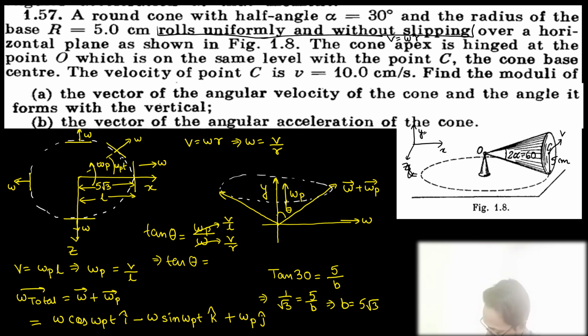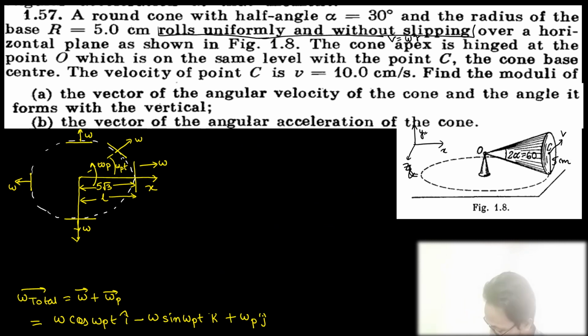So v by l divided by v by r, or tan theta, would be how much? The v and v would get cancelled, so it would be r by l. Now put in the values of r and l and find the value of tan inverse of theta.